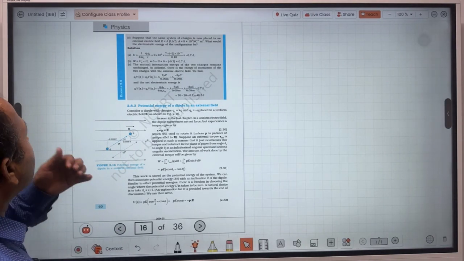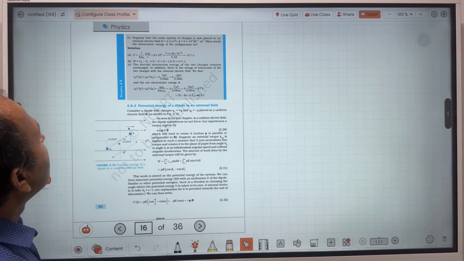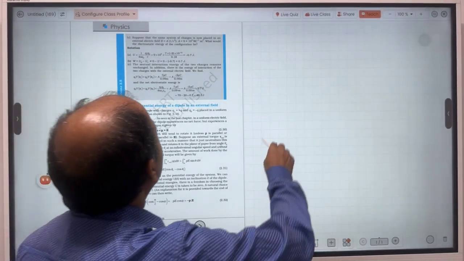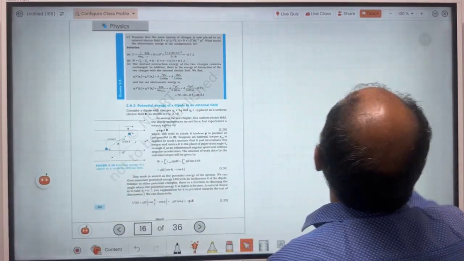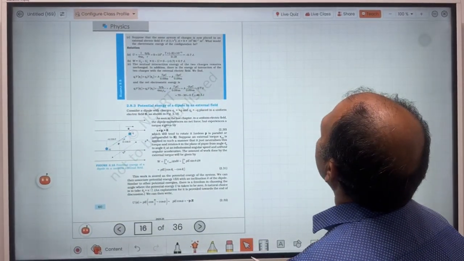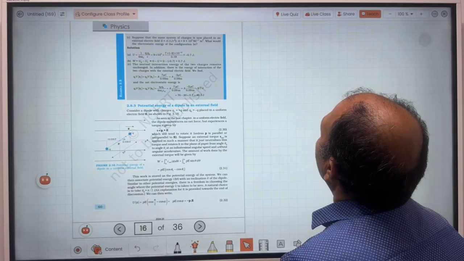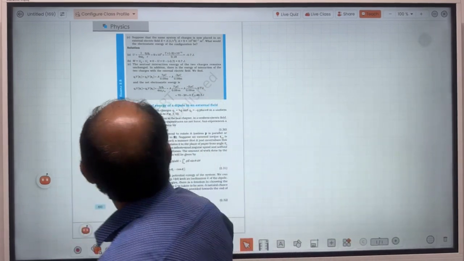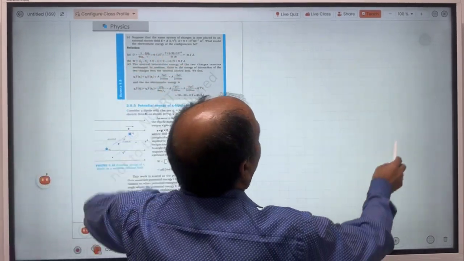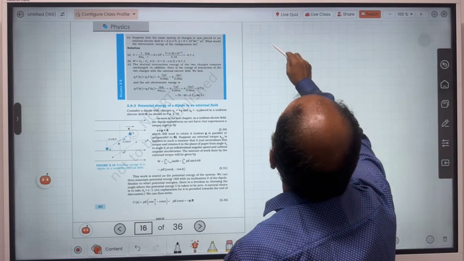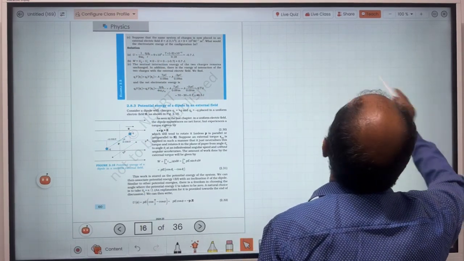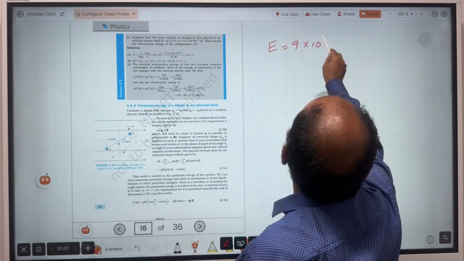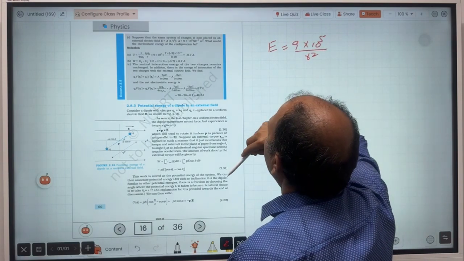Then the next point is there is an external field. In the external field you have to find out the potential energy. The locations are already given, minus 9 centimeter and plus 9 centimeter, and the relation is given that E equals A, which is 9 into 10 to the power 5, divided by R square.